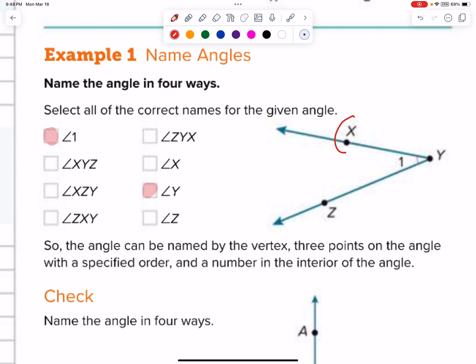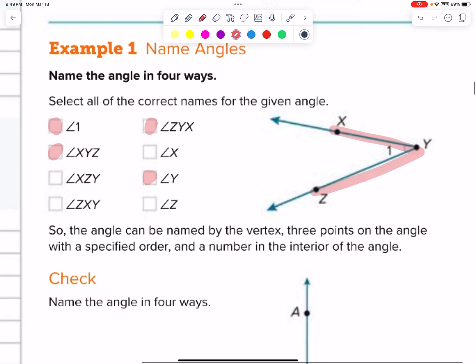So we could start with this outside X and say XYZ. And we can see that angle XYZ is, where is that? Right here. And then we could do the opposite and do ZYX. So let's find that. And there we are right there. Those other ones don't work because you wouldn't do Z then X. The line's not going that way.